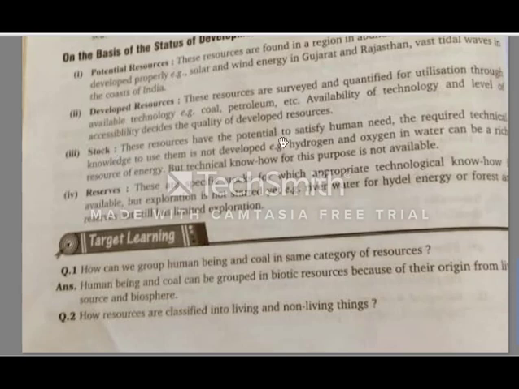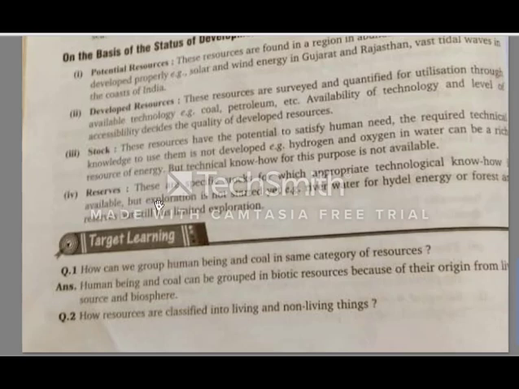These resources are satisfying our needs, and we also require more technical knowledge to use them, which is not developed. For example, hydrogen and oxygen. We know that hydrogen and oxygen are rich in water, but we don't know how to use them more and more, how to use hydrogen and oxygen for satisfying more of our needs.